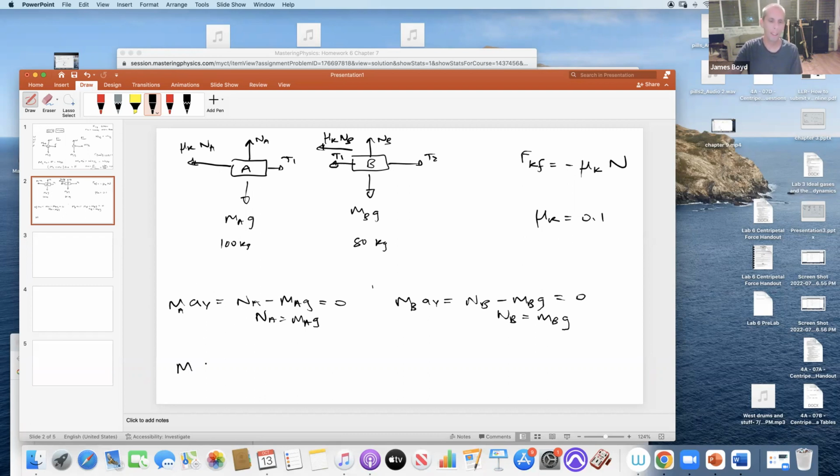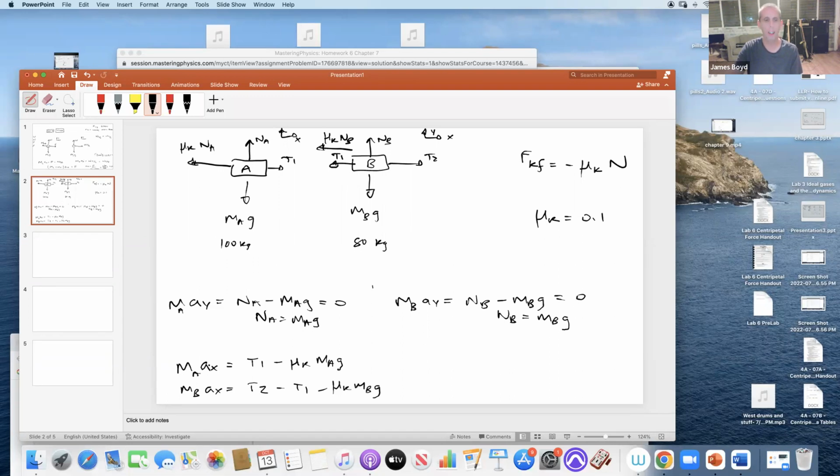Now, these ones, M A A X is equal to T1. Sorry, I should not ever forget to do this, and please don't forget yourself, Y and X. So T1 is positive minus mu K MAG. And then M B A X is T2 minus T1 minus mu K MBG.